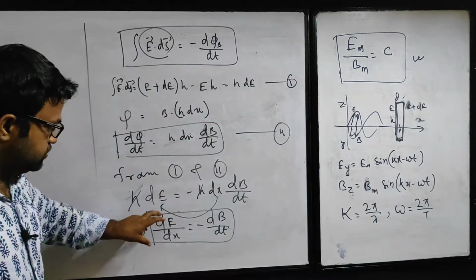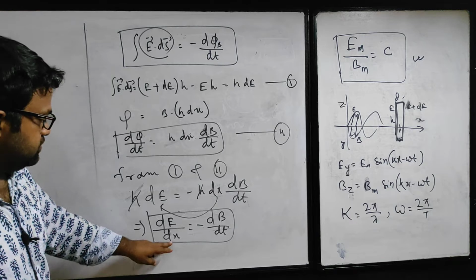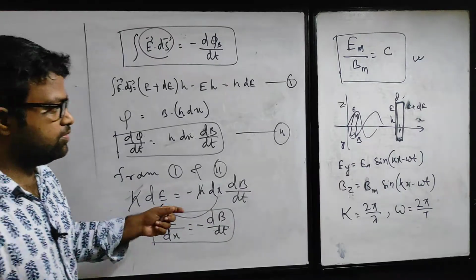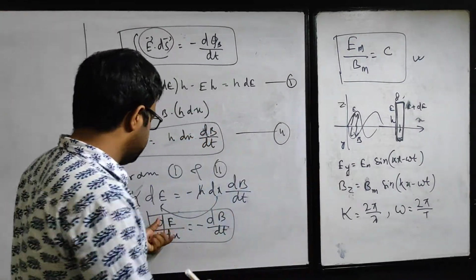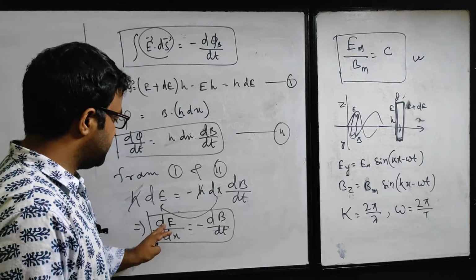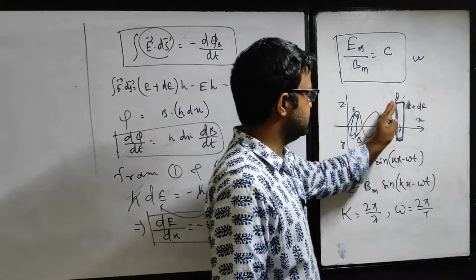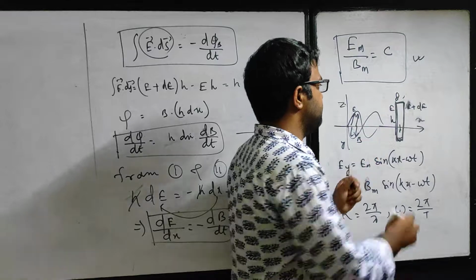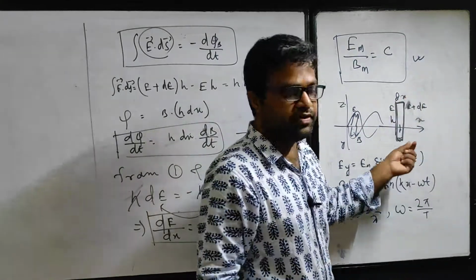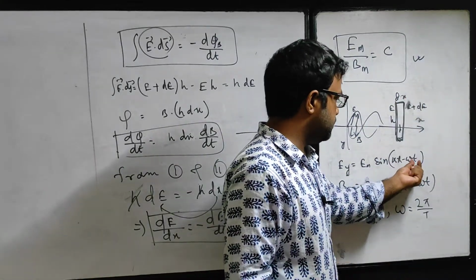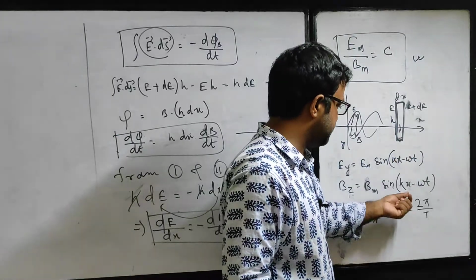So this is your dE upon dx is delta. Now we'll calculate this by differentiating keeping time fixed, because this E will be at a fixed time, and we'll keep the time constant here.